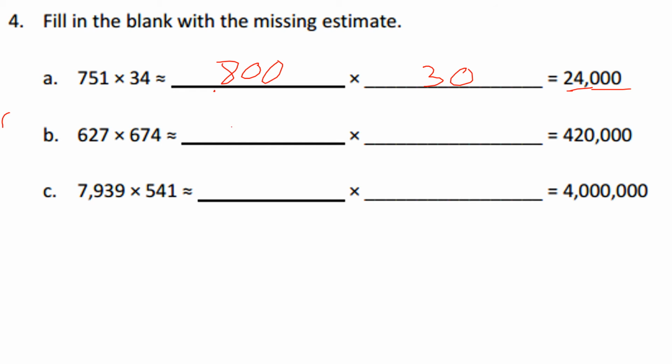The next one we know would be close to 600, and the second one, since it's 674, would be closer to 700. Let's check it. 6 times 7 is 42, and we have 4 zeros. And the last one is close to 8,000, and the second one is close to 500. So 8 times 5 is 40, and we have 5 zeros.